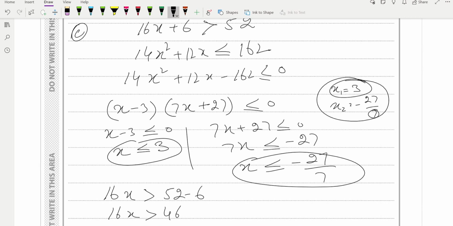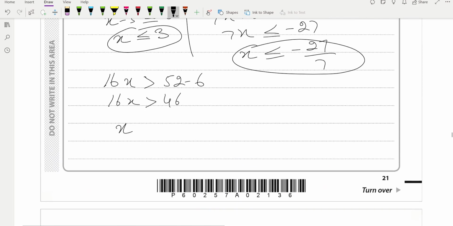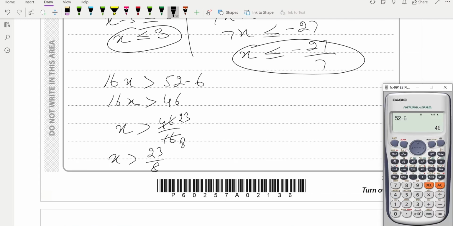If we divide, x is greater than 46 over 16, so we can divide by 2, so this will be 23 over 8, so we can write it as x is greater than 23 over 8.